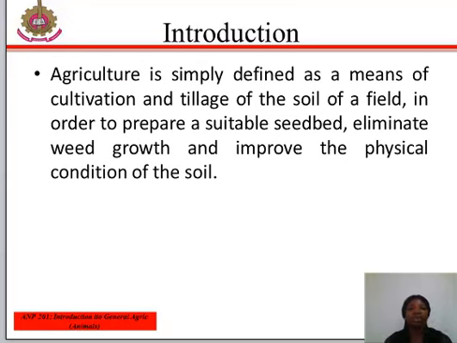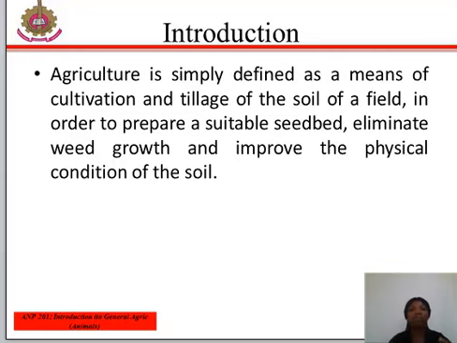Introduction. Agriculture is simply defined as a means of cultivation and tillage of the soil of a field in order to prepare a suitable seedbed, eliminate weed growth, and improve the physical condition of the soil.